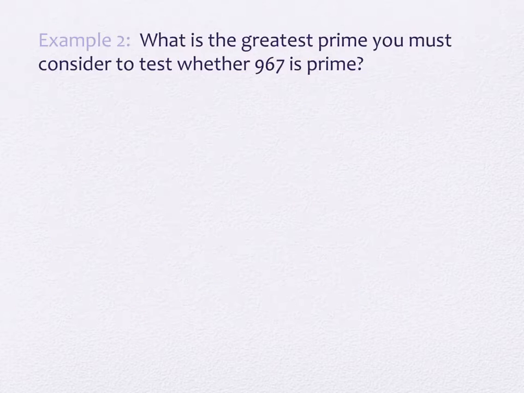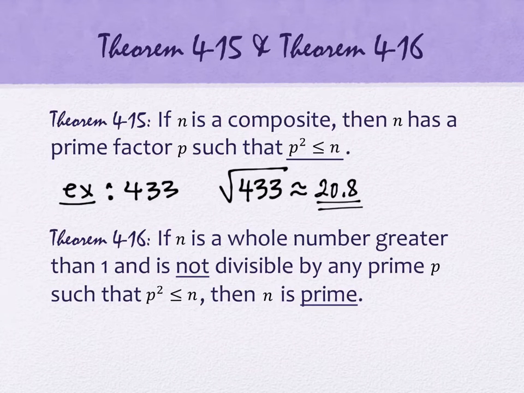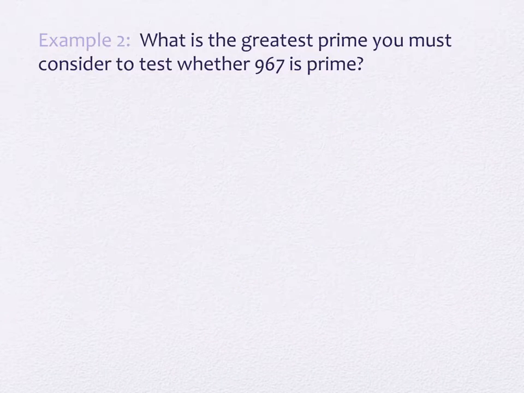So our example number 2 is just this. It says, what is the greatest prime you would have to consider when you're looking at the number 967? So we do the same thing that I was alluding to here with 433. We take the square root of 967.